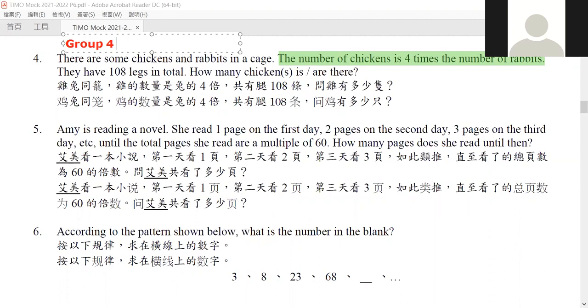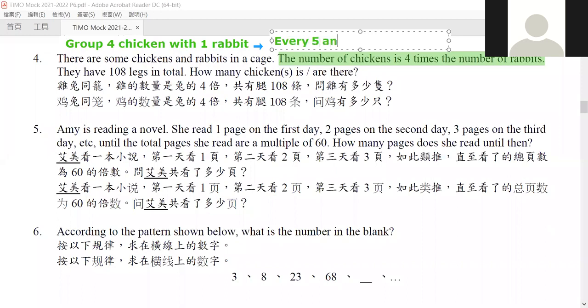4 chickens with 1 rabbit. Now we can group them together. So it means that for every 5 animals, how many legs are there?